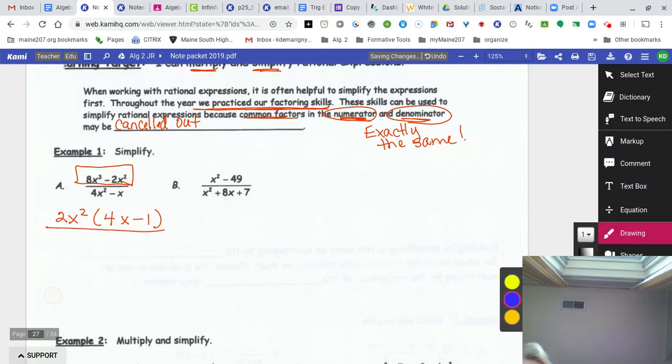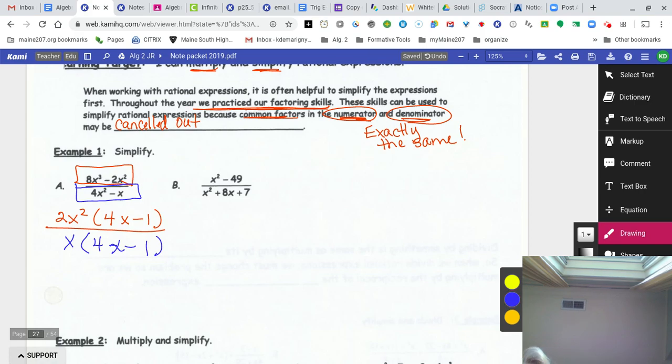When I go to the denominator, I'm going to switch to blue. I have to be able to factor that as well. I'm looking for a GCF. They both have an x in common, so I'm going to take out the x, and that's going to leave me a 4x minus 1. I had 2 x's, I took 1 out front, so that left 1 inside.